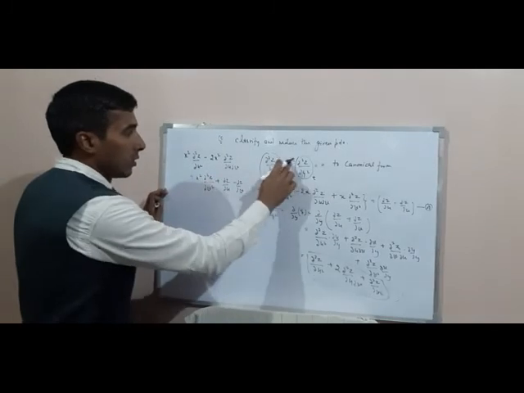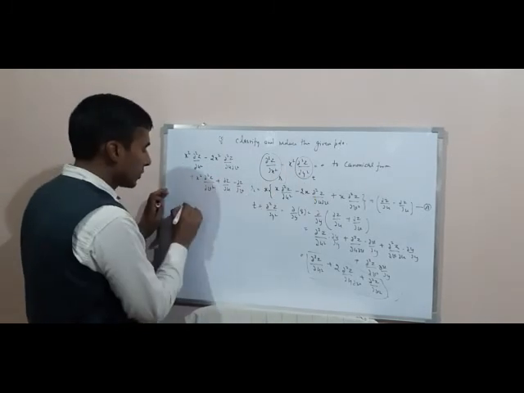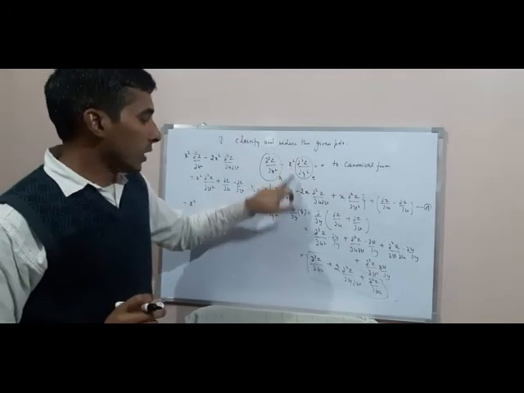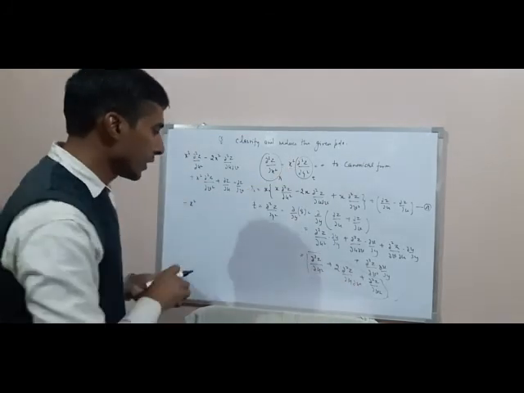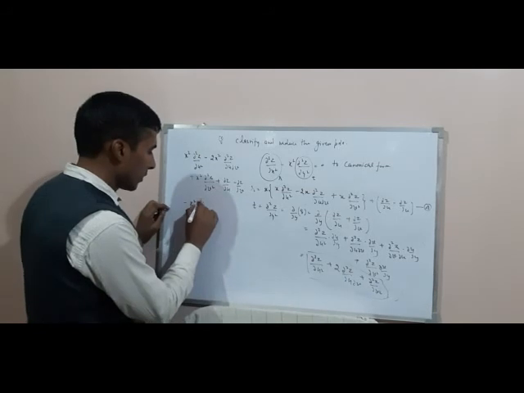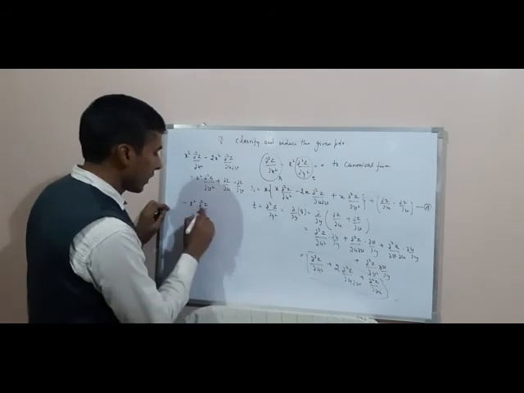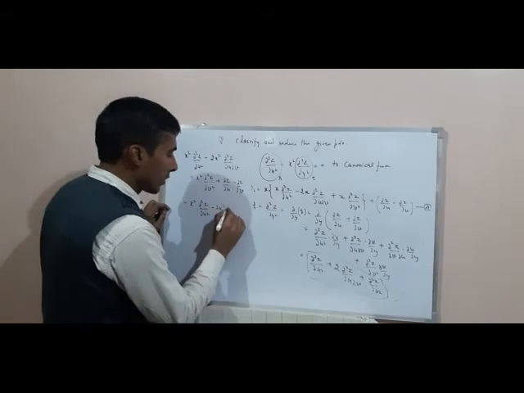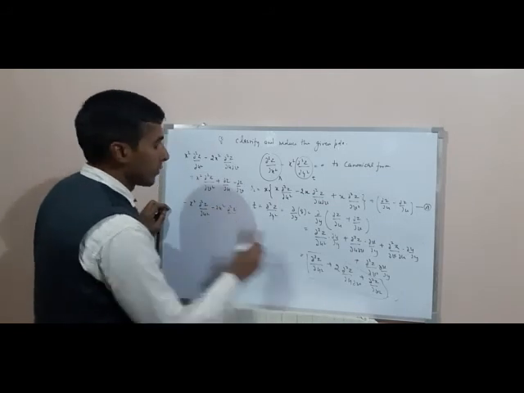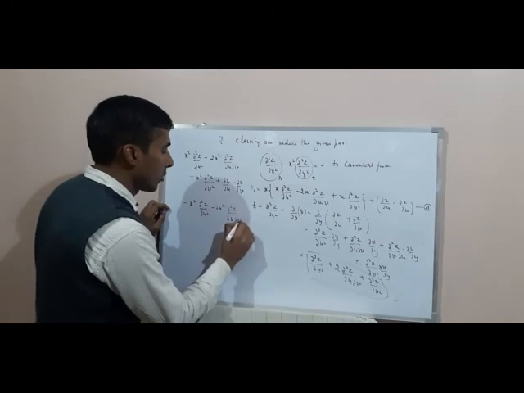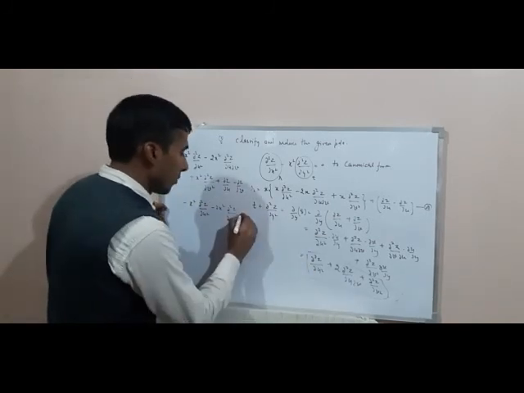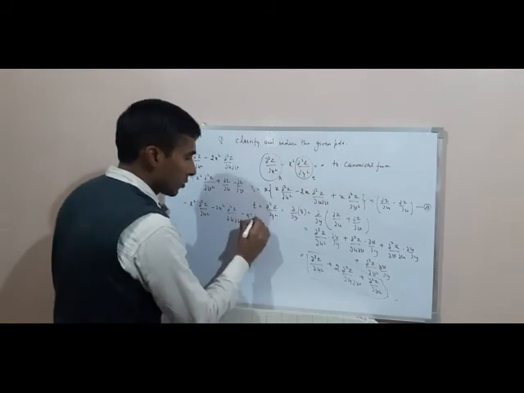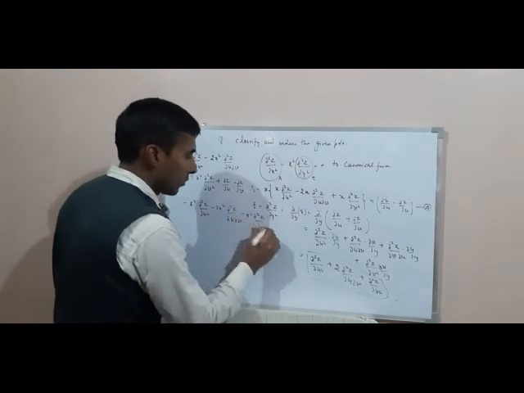Now again the next term is minus of x square, multiplied with x square, all these terms. So we can rewrite it as minus x square ∂²z/∂u², again minus 2x square ∂²z/∂u∂v, again minus x square, because minus is here, so ∂²z/∂v².